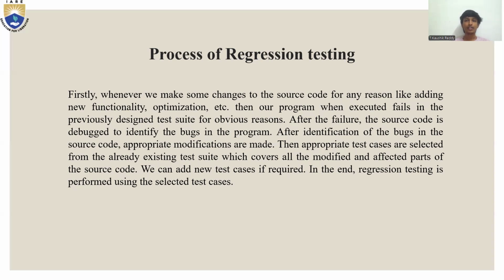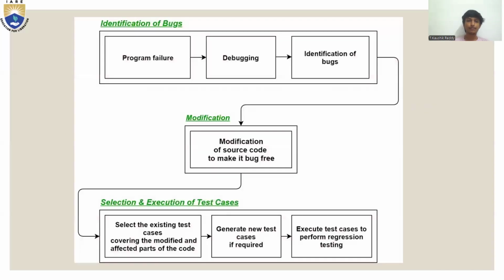After the failure, the source code is debugged to identify the bugs in the program. After the identification of the bugs, appropriate modifications are made. Then appropriate test cases are selected. We can add new test cases if required. In the end, regression testing is performed using the selected test cases.